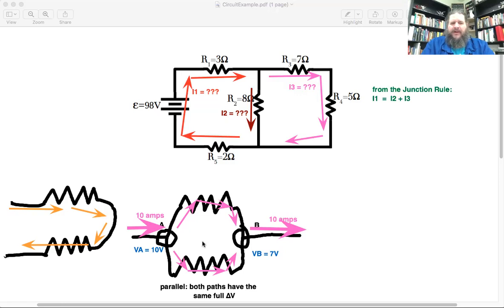But while it's in the parallel network, it's going to split into, we don't know yet, maybe 7 amps and 3 amps, for instance, or 6 and 4, really depending on how these resistors balance against each other. When would you expect the split to be equal, though? Like if you got 10 amps coming in, is there any circumstance where you would expect it to split exactly 5 and 5, half and half?